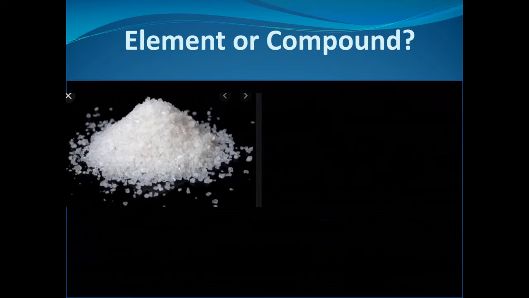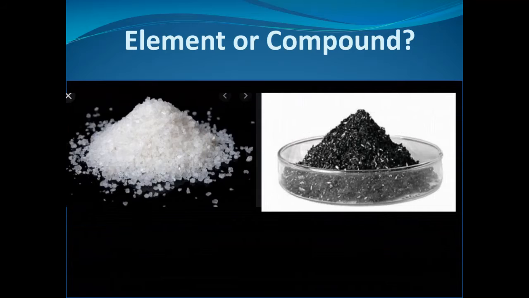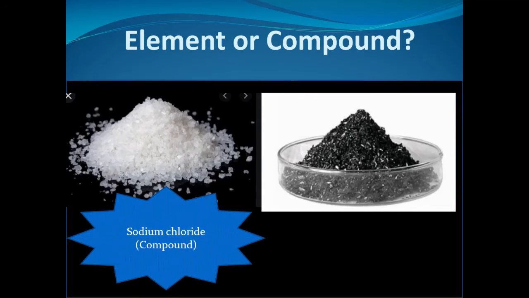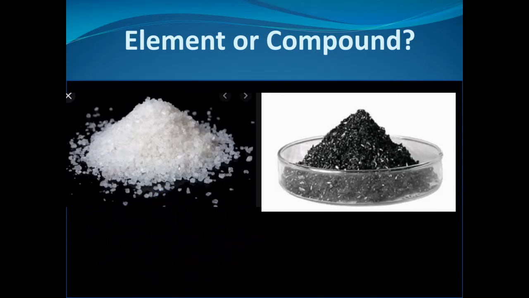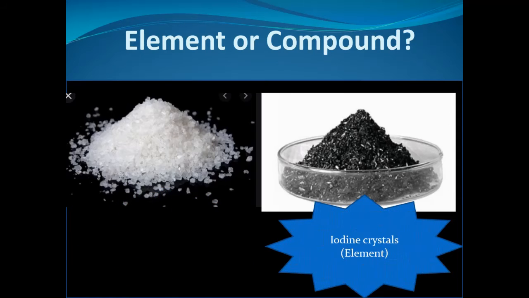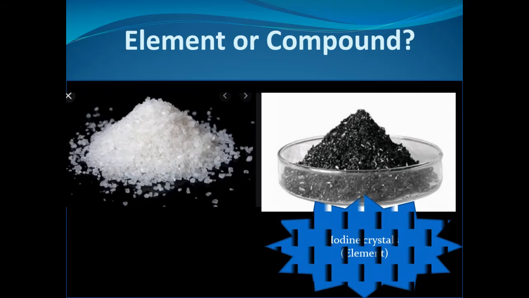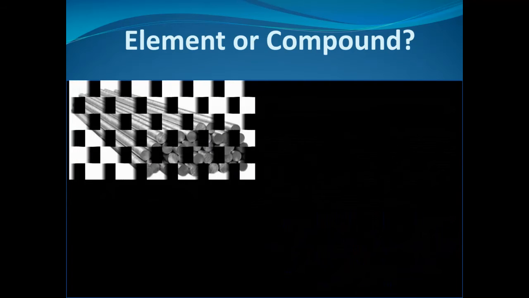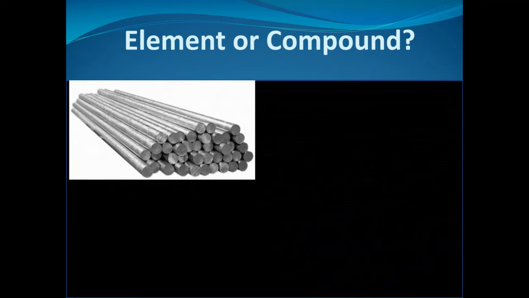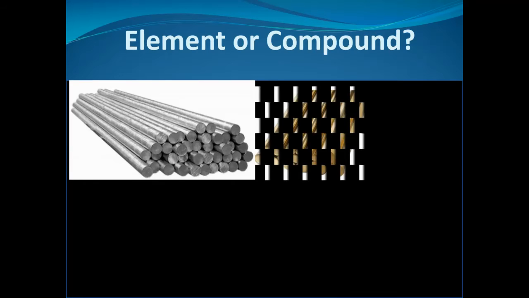What about that white crystal there? Element or compound? And that purplish grayish looking crystal like substance there, element or compound? Well, the white crystals are sodium chloride, so yes, it's a compound. Those gray crystals are iodine crystals, so yes, I know it's an element. But you couldn't tell that by just looking at them. How about those metallic looking rods there?